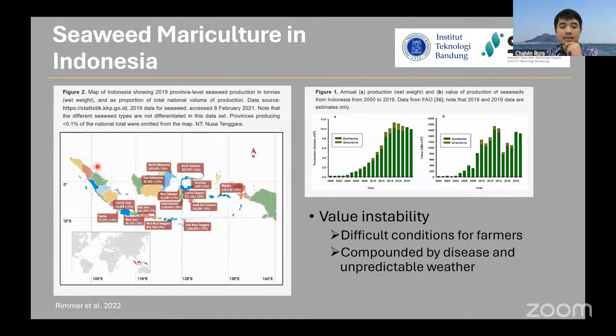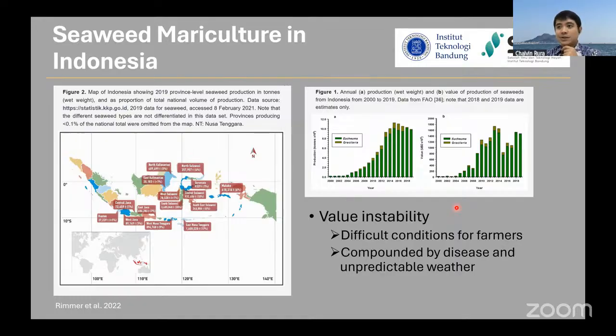In some parts, like Sumatra, there's no seaweed production reported. Also, because of the unpredictability of the seas and the climate, the value when we export seaweed can fluctuate highly yearly, and this is not good for the farmers because you want stable products, so you can calculate for next year how much capital and how much effort I should put in to sell.